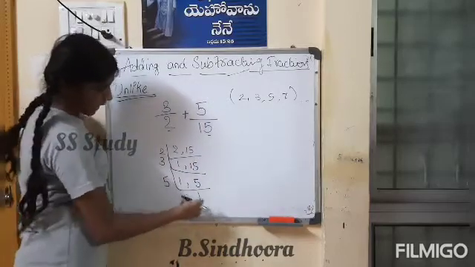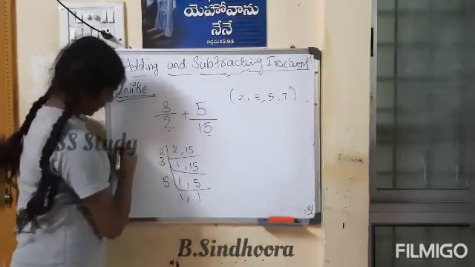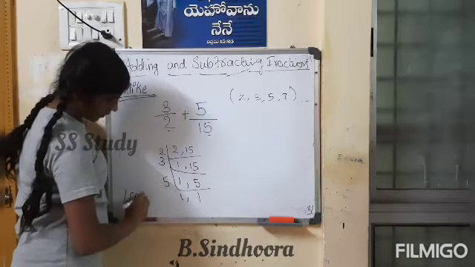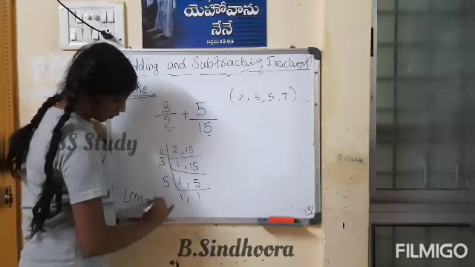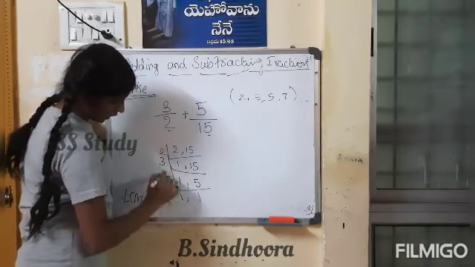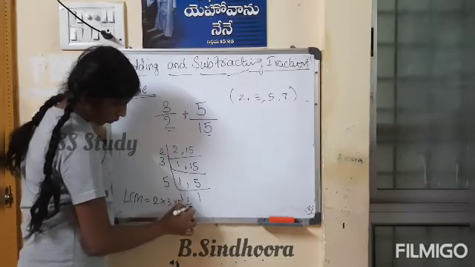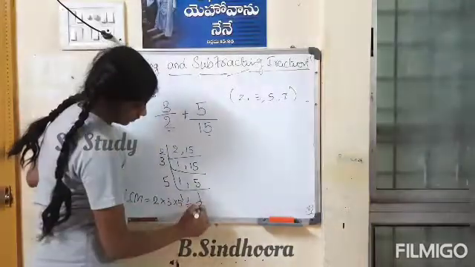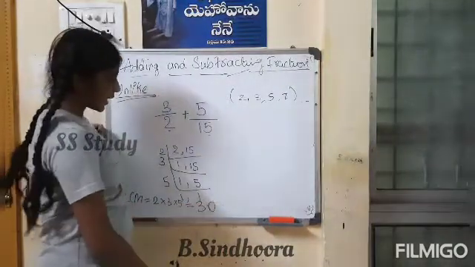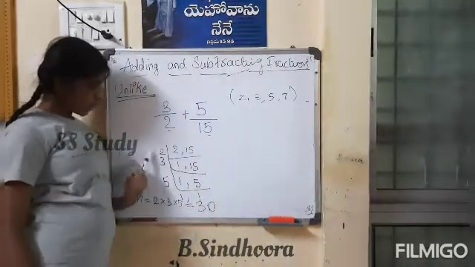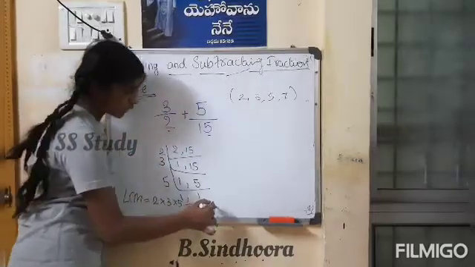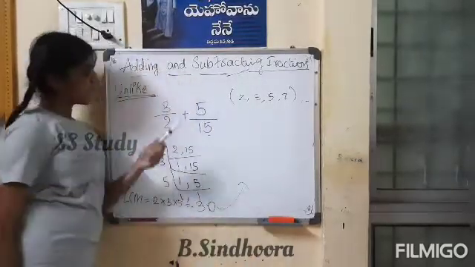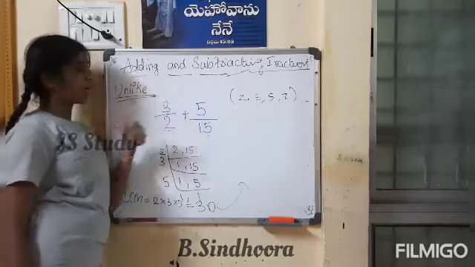If you get 1 at last, then the LCM is 2 into 3 into 5. What is the answer? 2 3s are 6, 6 5s are 30. 30 is the LCM of 2 and 15. So this 30 will become the denominator of 3 by 2 and 5 by 15.